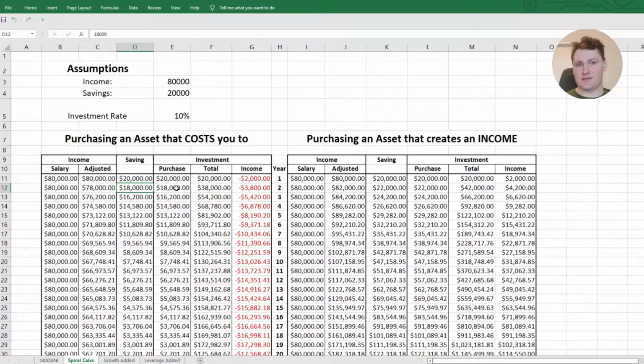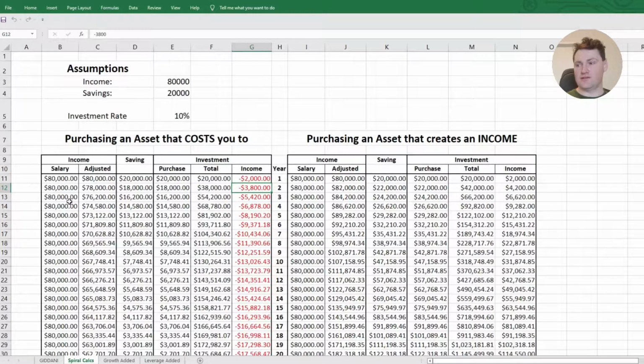The effect of this is that in year two, you can only purchase a new asset with a maximum of $18,000. So if you do this, the total asset value that you have is $38,000. But of course, if this $18,000 asset once again costs you 10% to maintain it in your portfolio, that eats into your income, $3,800.